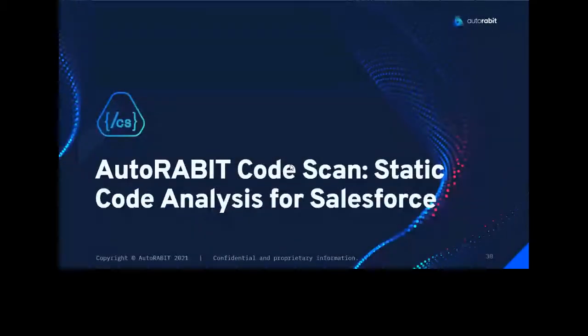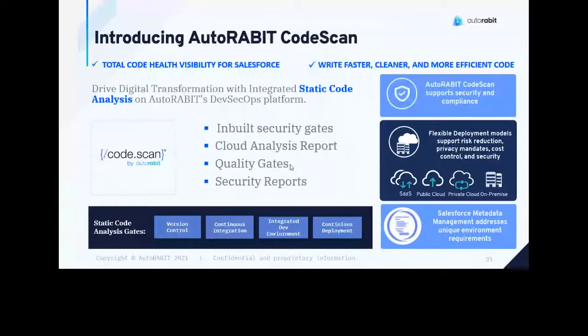Then the third product is Code Scan, or static code analysis for Salesforce by AutoRABIT, right? Which we recently acquired. So Code Scan is now an AutoRABIT company. With Code Scan, you can maintain your total code health, visibility, and code quality. You can write faster, cleaner, and more efficient code. Static code analysis brings in built-in security gates at each of the checkpoints, providing you a cloud analysis report of how your code's quality is over time.